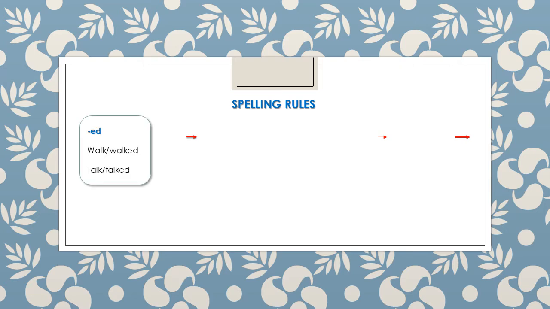Okay, so when we have the verb, this is a general rule, and we want to conjugate it in the past, we're going to add ed. Walk, walked. Talk, talked. When we have a verb finishing with e, we add only d. Dance, danced. Like, liked. Love, loved.